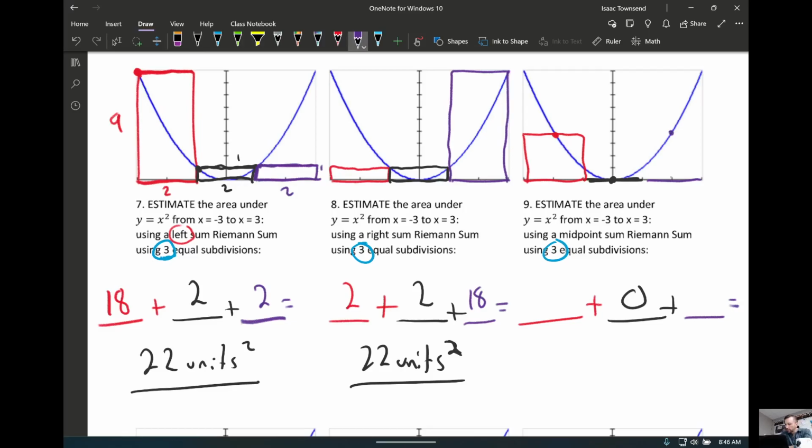And this one, the middle x value determines the width of the rectangle, so it would look like that. So this is 2 by 2, 3, 4. So this has an area of 8. This has the same dimensions, so I know it's going to have an area of 8. So a midpoint Riemann sum would estimate that area to 16 square units.